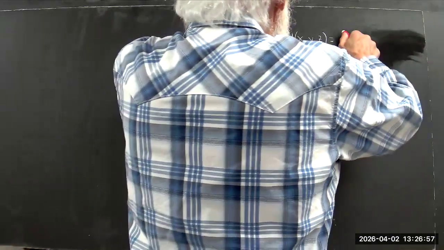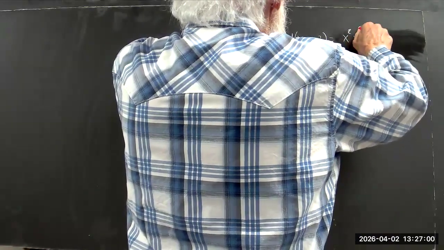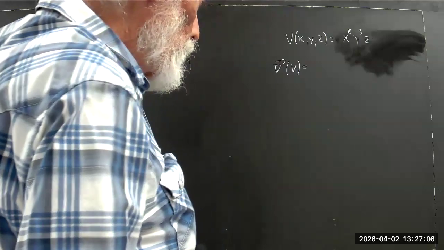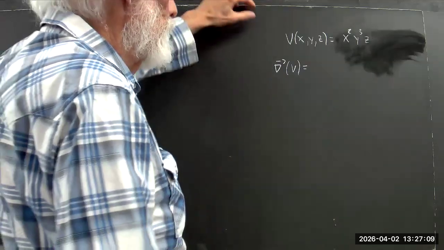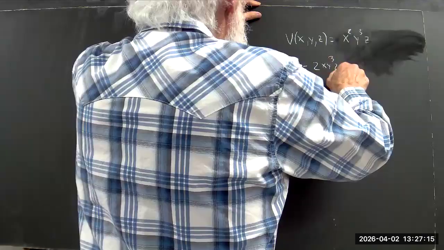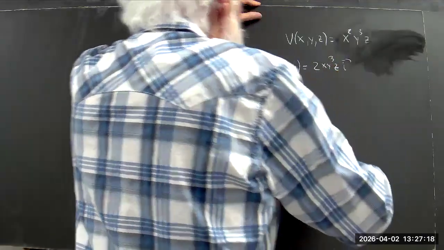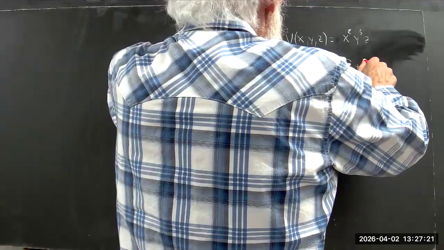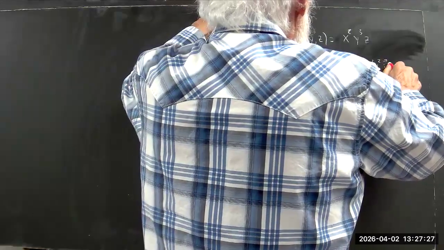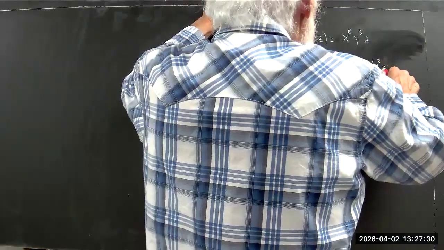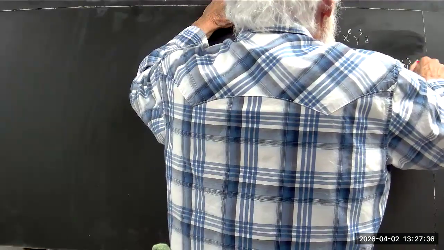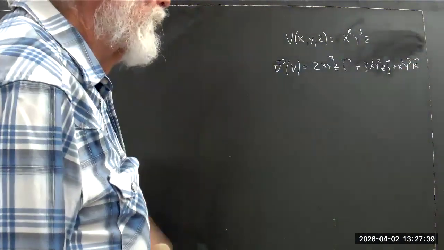Let's take this one: x squared y cubed z. The gradient is 2xy cubed z times the i vector, plus 3x squared y squared z times the j vector, plus x squared y cubed times the k vector.